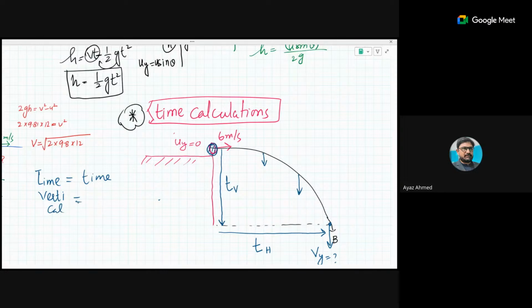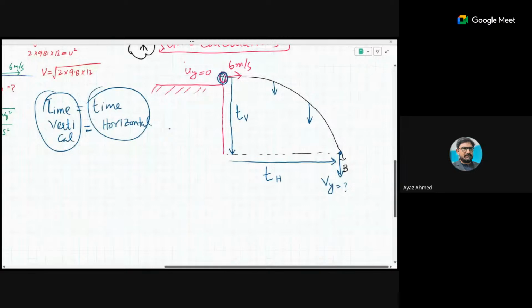Is this confusing or clear to all of you? Clear. Okay. So when we say that vertical time is equal to horizontal time, it means that mostly we can calculate the time from the y-axis, right?